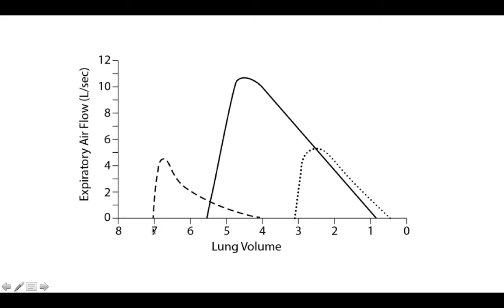But here on the x-axis, we have the lung volume after the person has already inhaled, and the expiratory airflow, or the air that is leaving per second. So this is just an expiratory airflow. That doesn't mean that this is inhalation, that's exhalation. No, that's not what it's saying. This entire thing is exhalation.